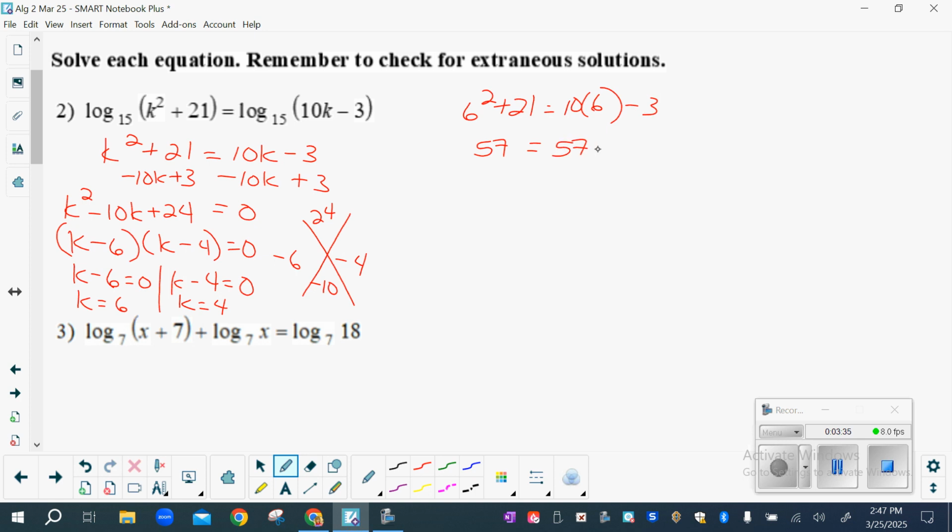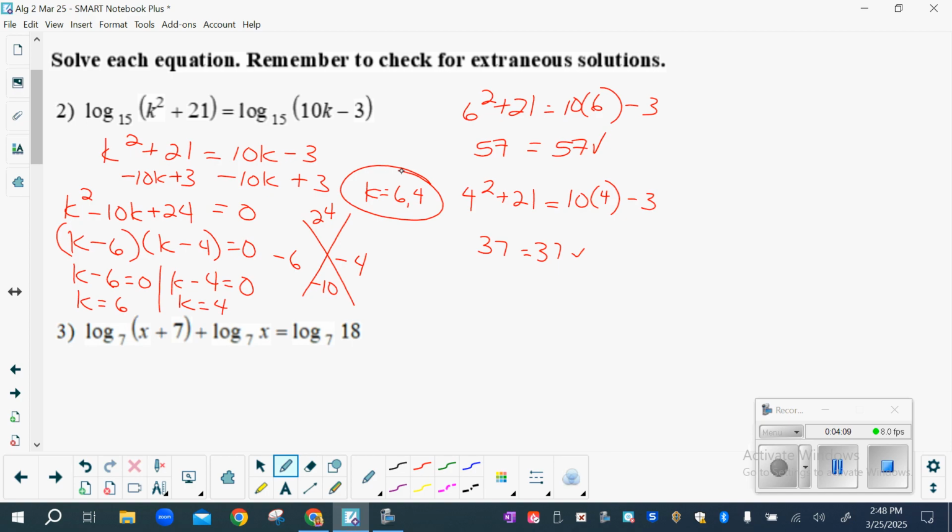What about the 4? Does the 4 work? Yeah. It does work because it's not negative. That's what we want to look for. We want to make sure that what we get inside here is not negative. Not necessarily that this number is not negative, but when we put it back in, that it's not negative. And we get 37 equals 37. So my answers are k equals 6 and 4.